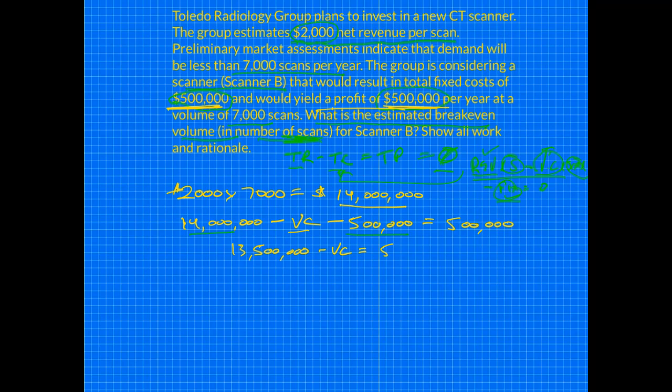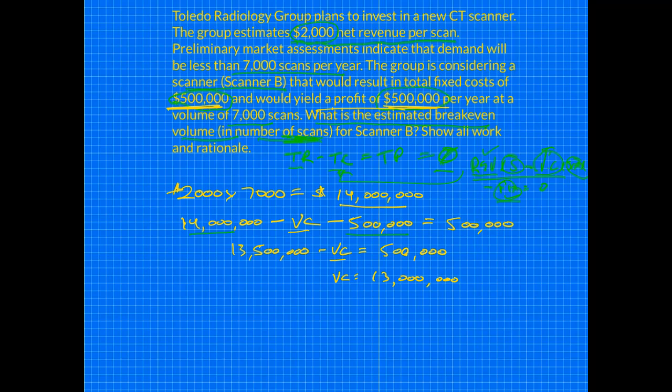And that's still going to equal that 500,000. So I think you can probably solve for that VC right in your head. On what that has to be, and it's pretty easy. That has to be 13 million.